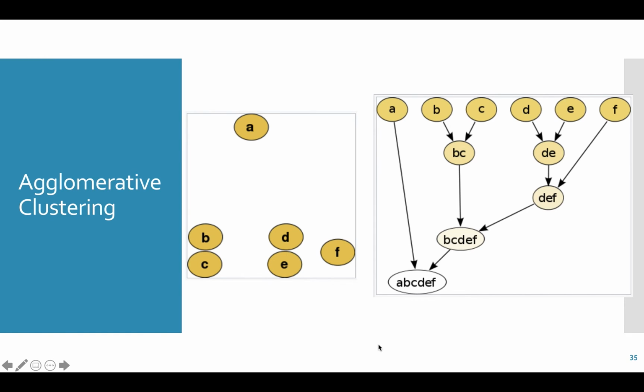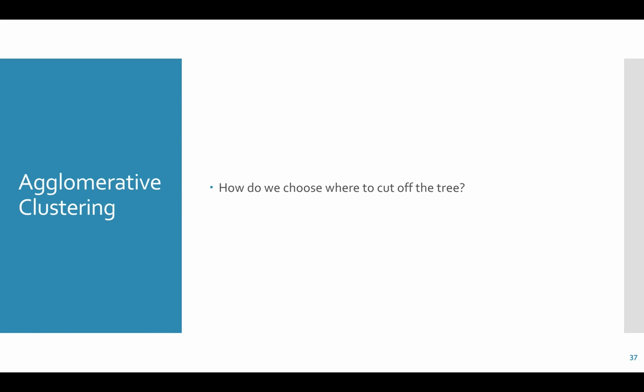And how do we actually get a clustering? Well, we just slice the dendrogram at some point, and that gives us some level of precision, whether we want really coarse clustering or really fine clustering. How do we choose where to cut off the tree? You're gonna hate this answer. It depends on what you're trying to accomplish.